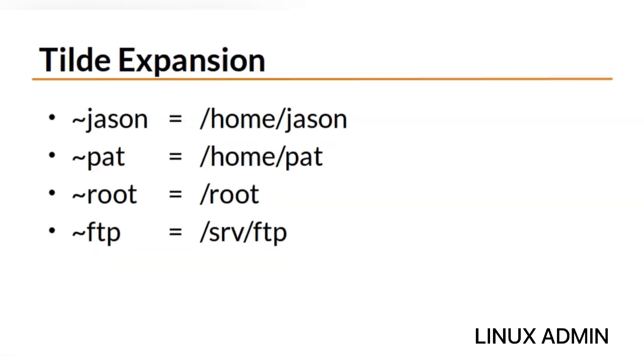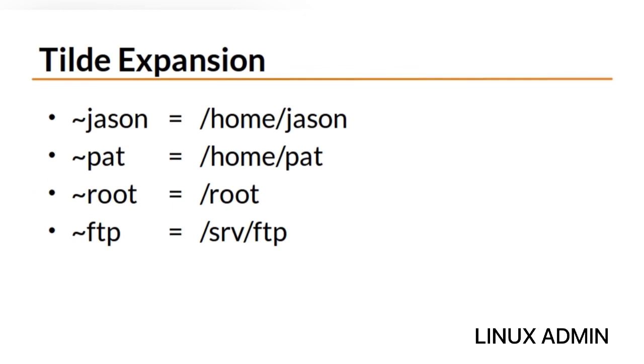For example, if I'm logged into a Linux system with a Jason account, tilde represents /home/jason. You can also append a username to the tilde, and that will expand to that account's home directory. For example, ~pat could expand to /home/pat. Root's home directory is typically in /root, so ~root equals /root.